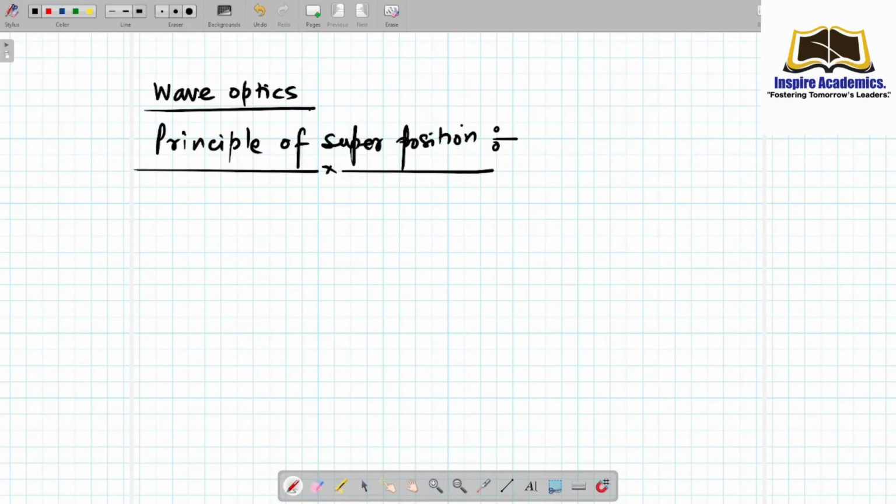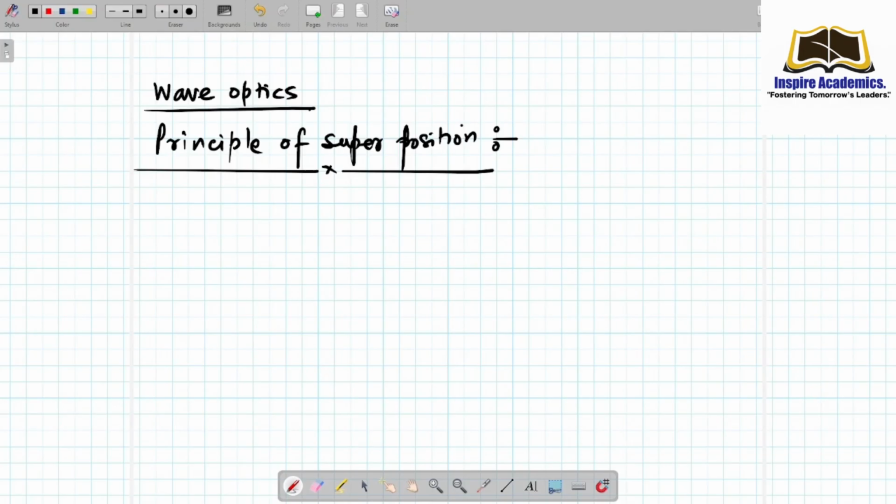जब एक से ज्यादा वेव्स, when they actually travel through a medium simultaneously, then each wave travels independently of the other, as if the other waves were absent.